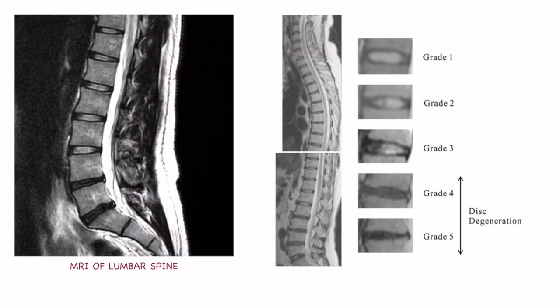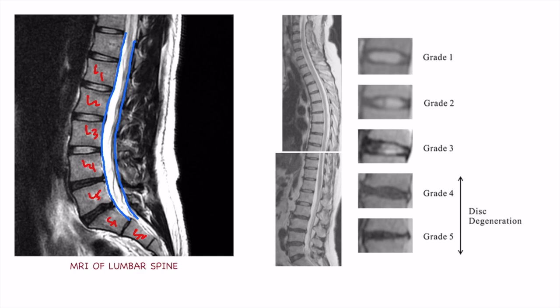This is the MRI of the lumbar spine, and it shows the vertebrae L1, L2, L3, L4, L5, S1, S2, and so on. And this is the spinal cord, which runs at the back of the spine, in this hole.